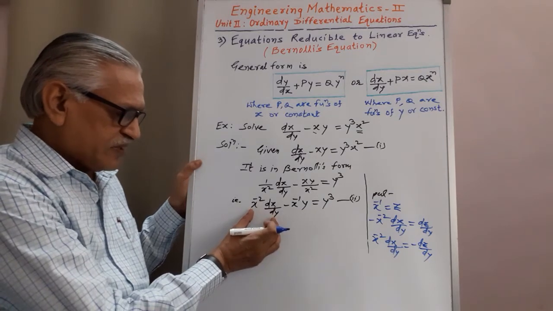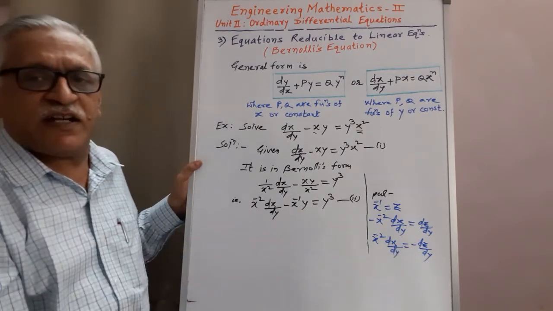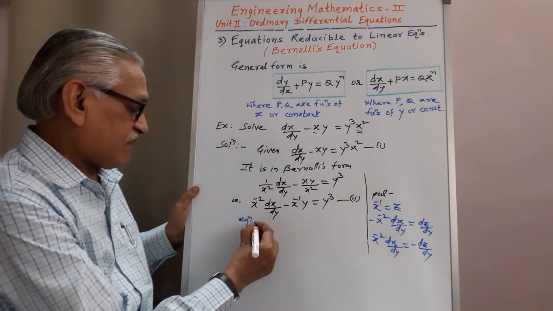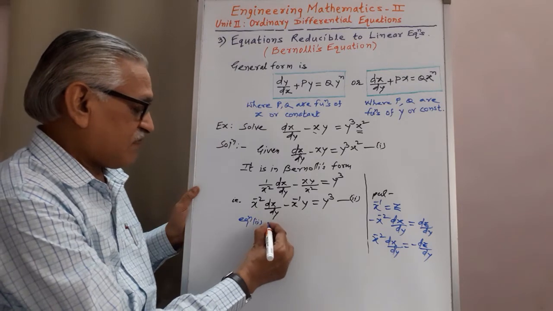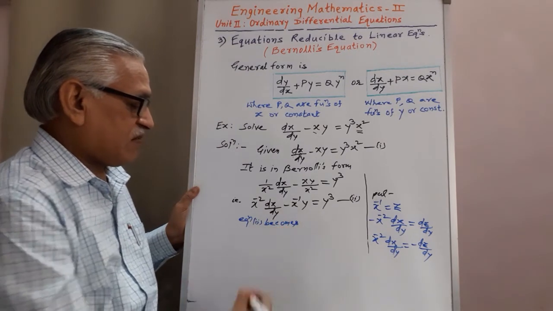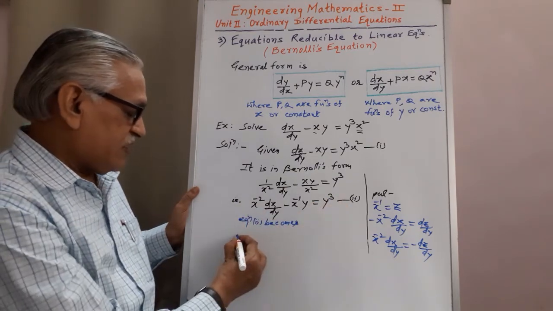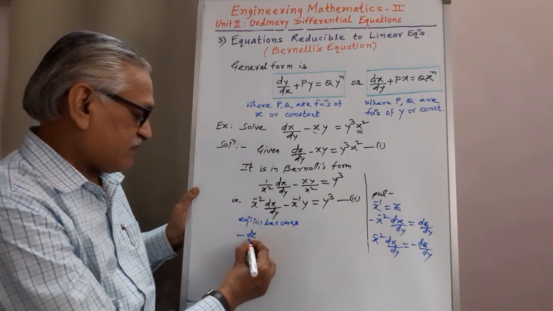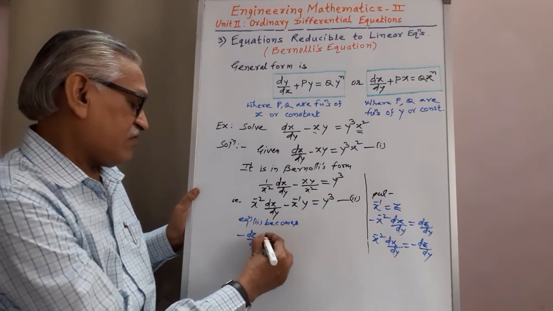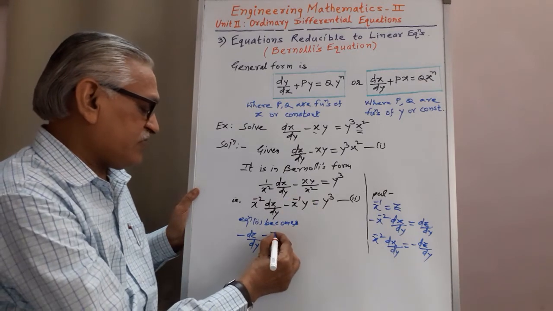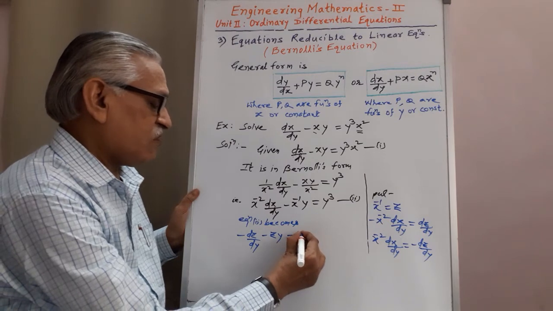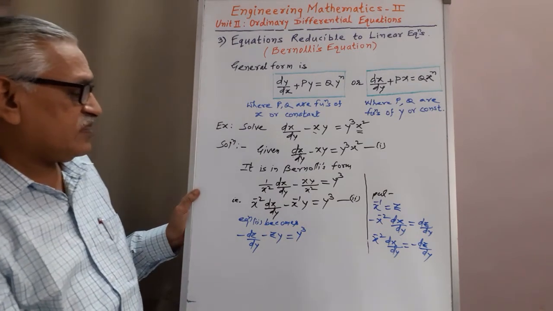Therefore, replacing this term by minus dz by dy, equation 2 becomes minus dz by dy minus x raised to minus 1, that is z, into y is equal to y cube.